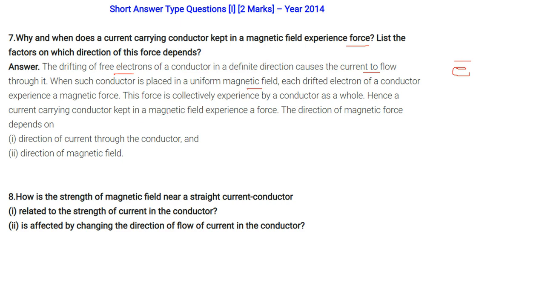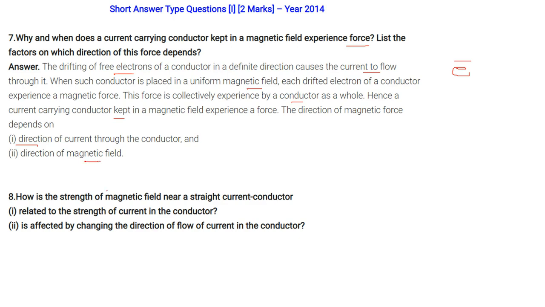So this force is collectively experienced by the conductor as a whole. Therefore, a current carrying conductor kept in a magnetic field experiences a force. And the direction of magnetic force depends first on the direction of current through the conductor and the direction of magnetic field.